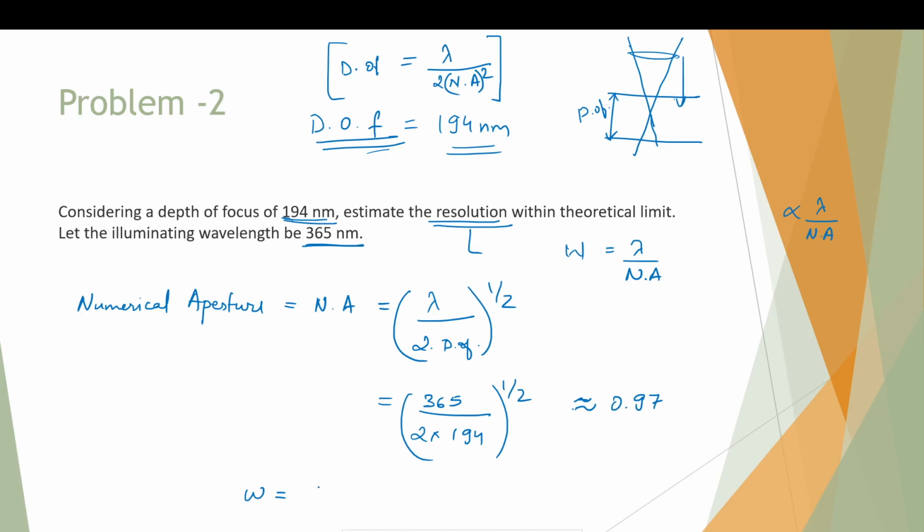Resolution is the minimum width that I can write or resolve. That will be 365 nanometer divided by 0.97, which is some 376. If you see, it's very close to the wavelength lambda. So that's why we usually say reducing the wavelength gives the best effect in increasing the resolution.